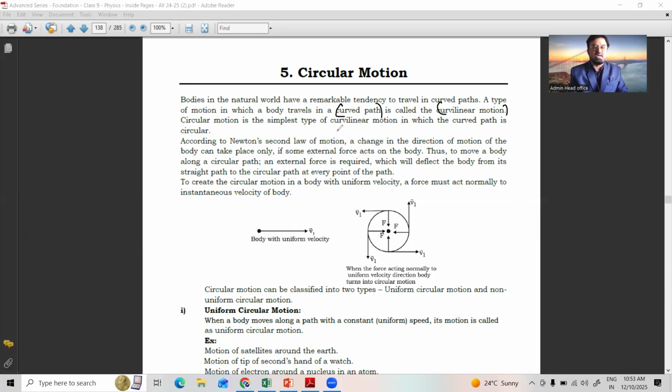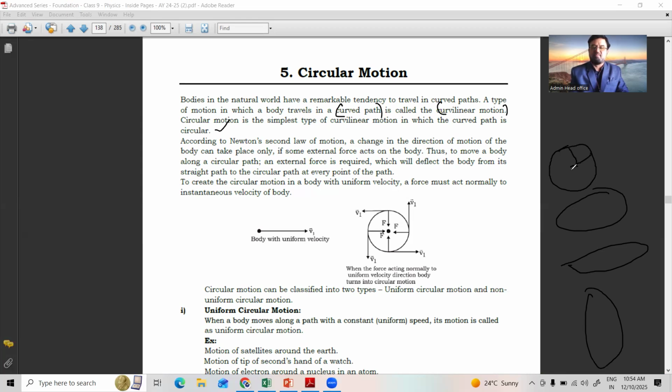Circular motion is a special type of curvilinear motion in which the curved path is circular. See, a perfect circle, it moves in a circular path. There are many ways the body can move, or it may be like this. All this comes under curvilinear motions because there is a curve. But out of all these types, the circular path is a special case.